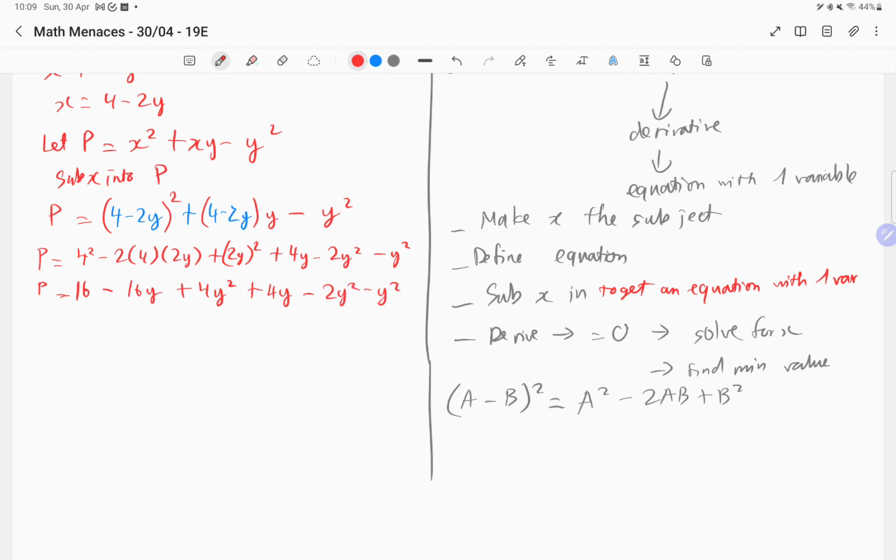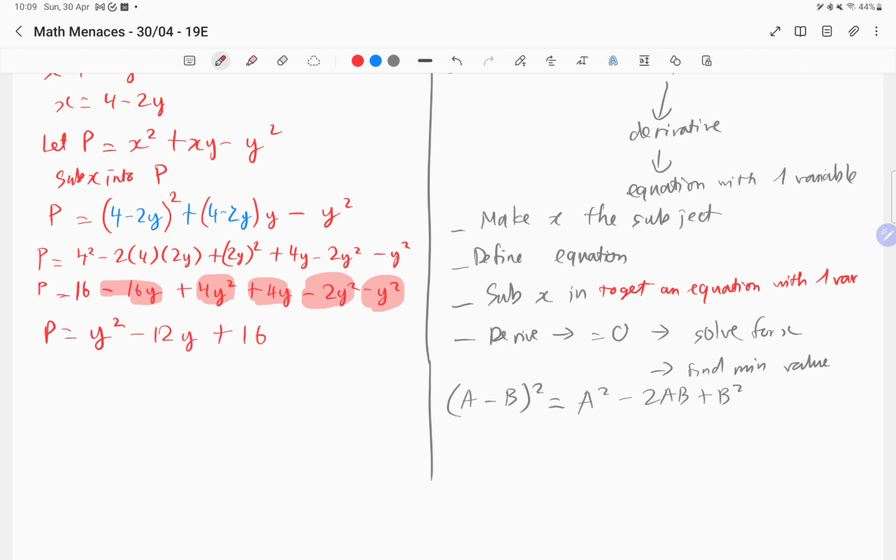So let's just combine like terms. Like terms are 4y squared minus 2y squared minus y squared, which is just 1y squared. And then minus 16y plus 4y is negative 12y, and then plus 16.